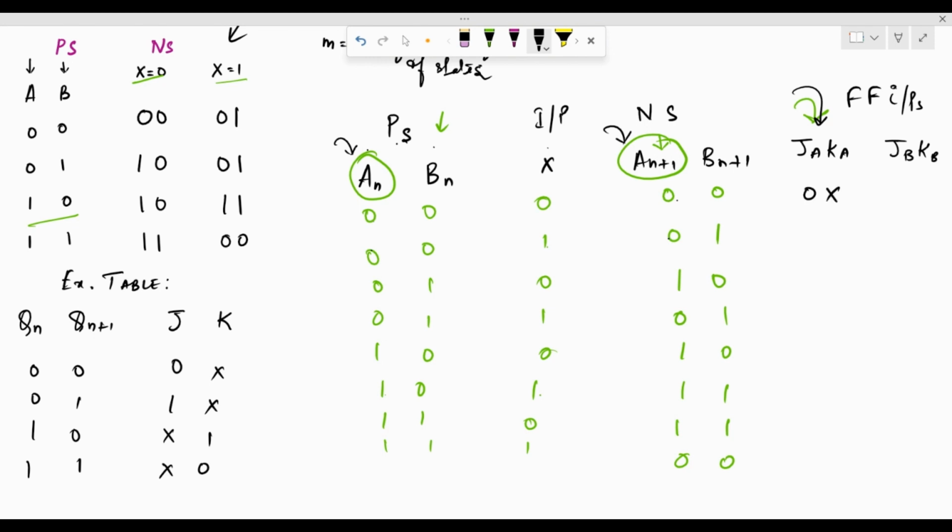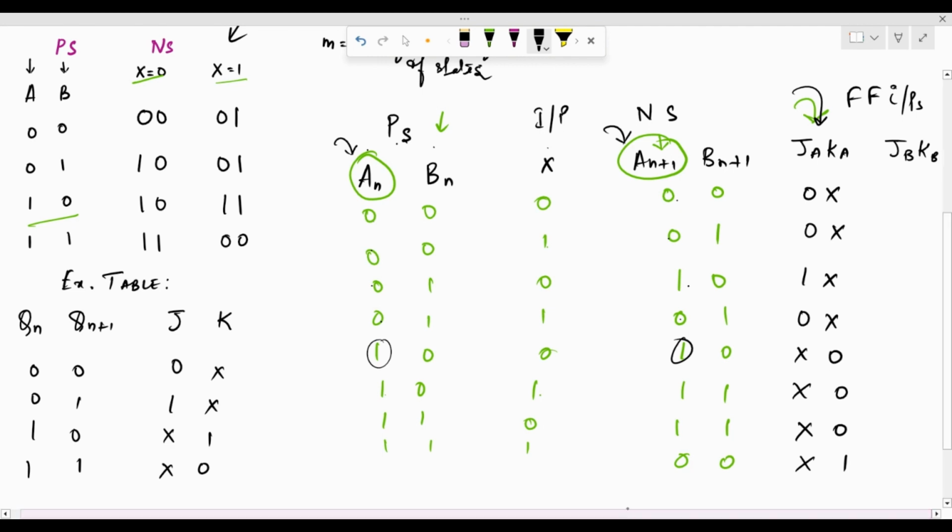For 0 to 1, we have 1 don't care. For 0 to 0 again, 0 don't care. For 1 to 1, it is going to be don't care 0. For 1 to 1 again, don't care 0. 1 to 1 is again don't care 0. 1 to 0 is don't care 1.